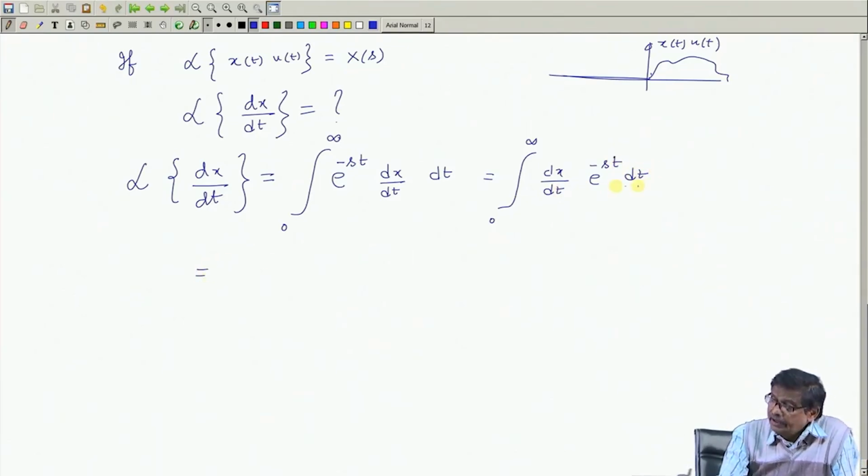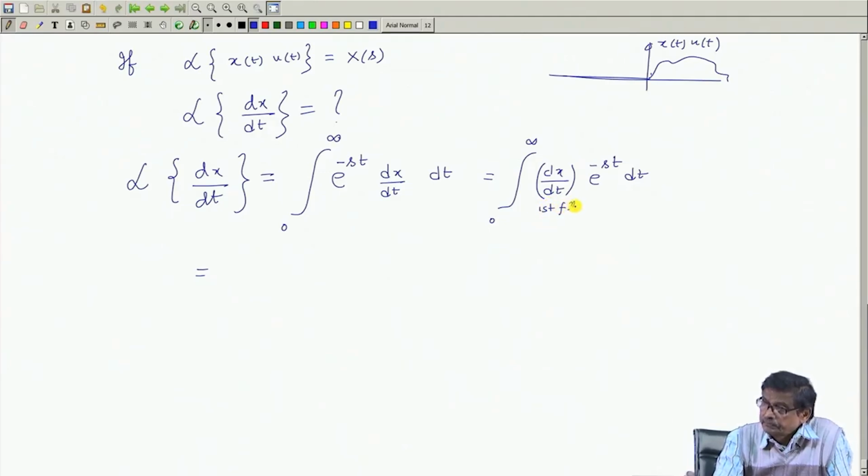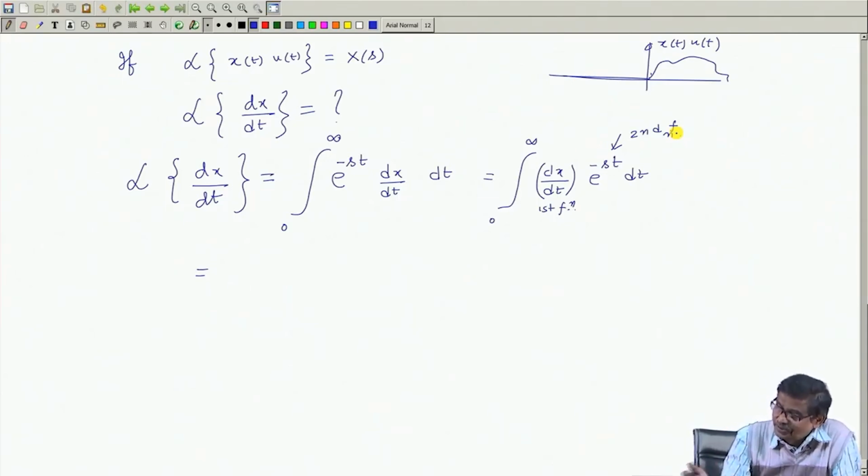Now, this I will integrate by parts. This is the first part, first function, and this is the second function. Okay, is this correct? No, I will take, and let me see if something comes out wrong, we will see.